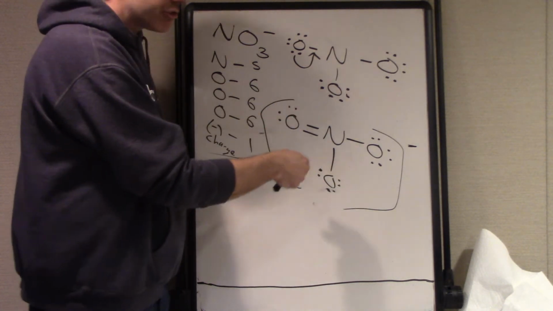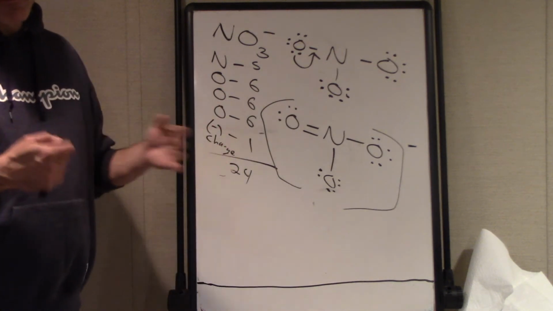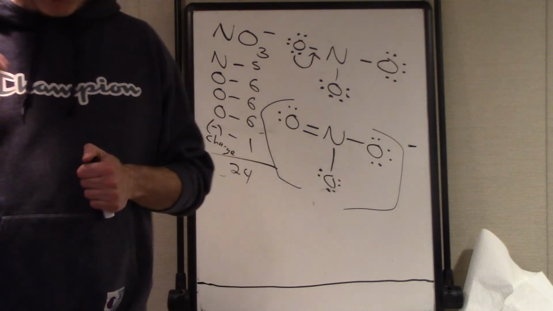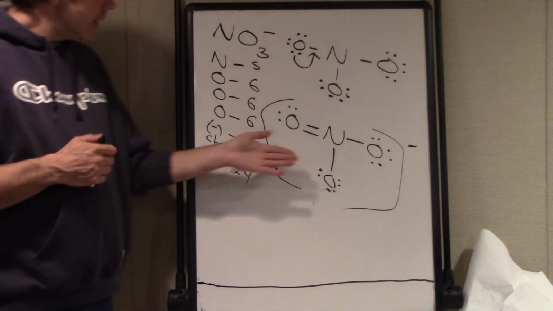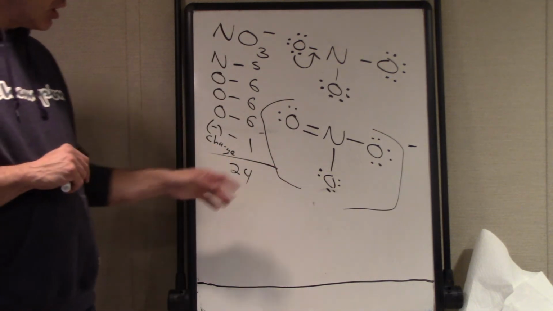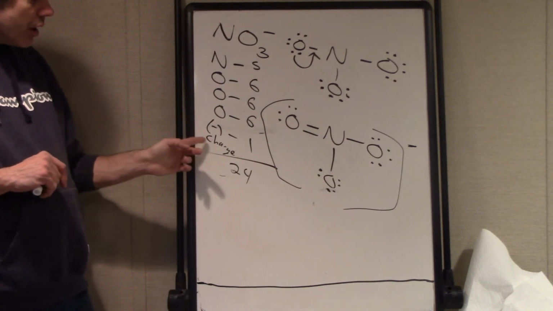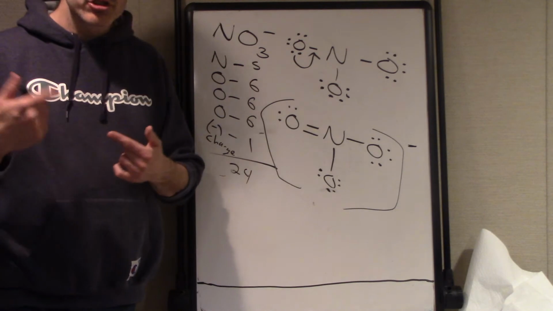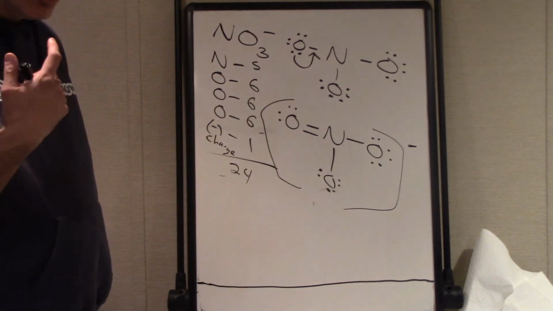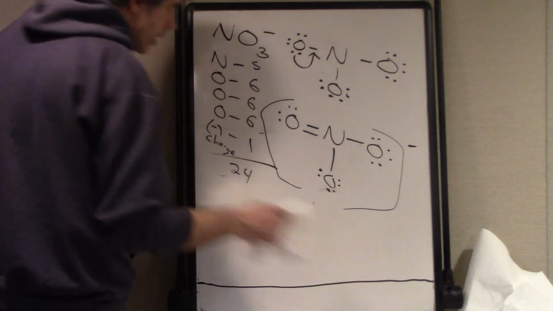I'd have a resonance structure where the double bond would be on the right oxygen. I'd have a total of 3 different resonance structures for this. Due to the space we have, I'm not going to show all the resonance structures, but I want to show you in this example what you're dealing with when you have a charge. If you have a negative charge, you need to add on electrons.